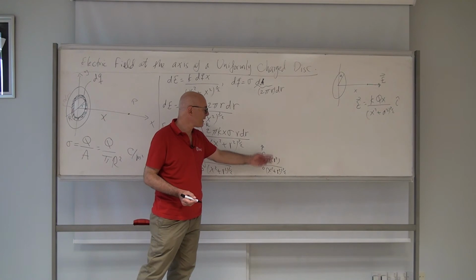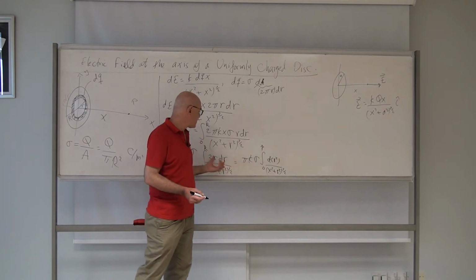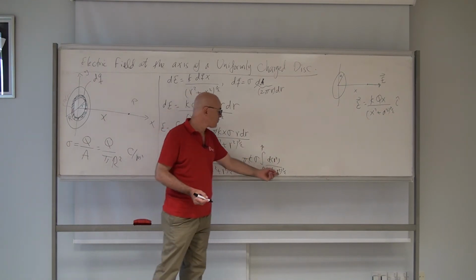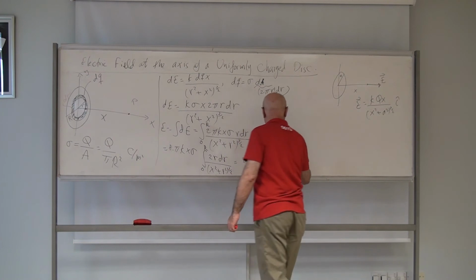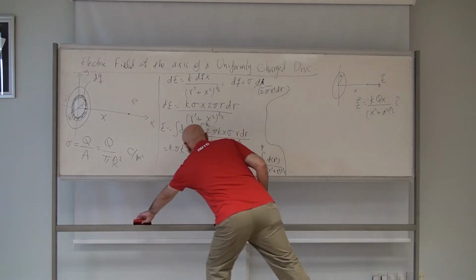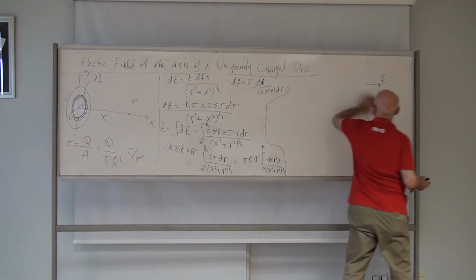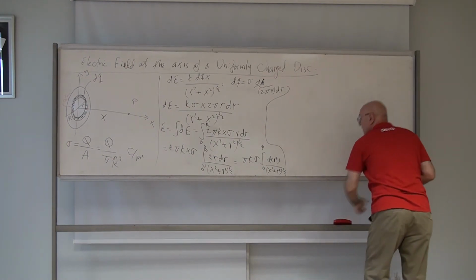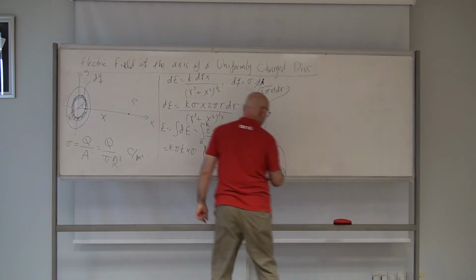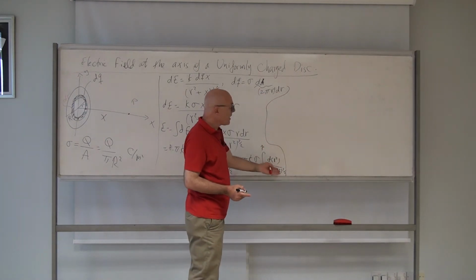Actually, what you do is you make r square equal to u, and this will be du, and so you will have here x square plus u and the integral over u. You calculate the integral, it is a simple integral now, and the result is x square plus u, if you like, to the power minus 1/2.